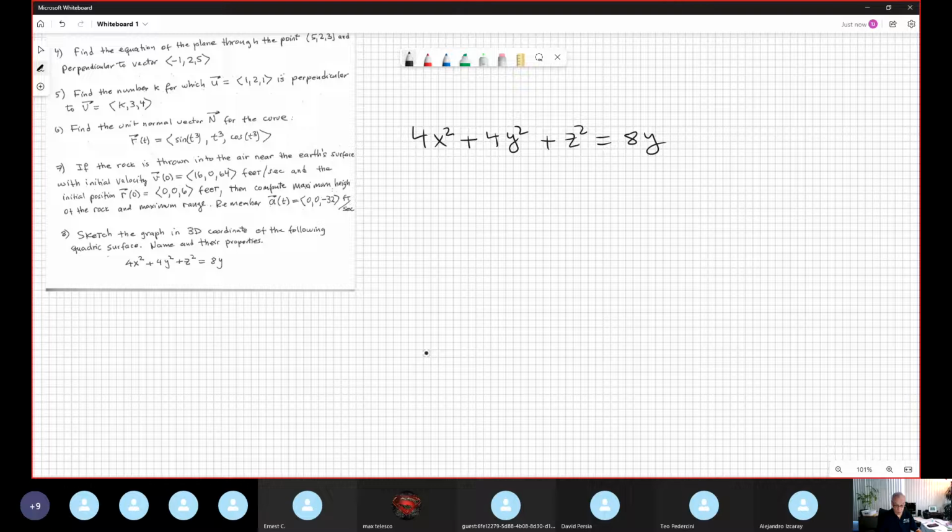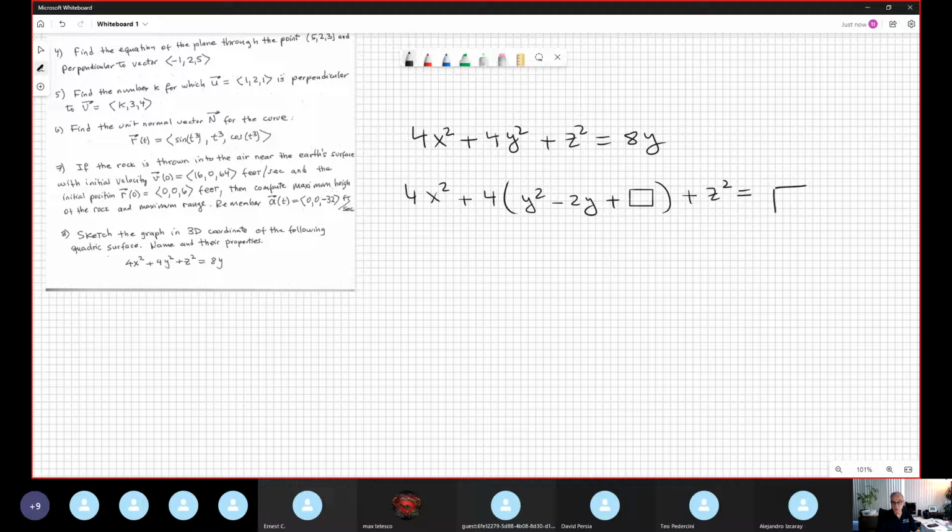Well, while you are thinking about this, let me try. You see a square, but you have y. It's not a square. So now I suppose this part represents the y translation. So 4x squared plus 4 factorization, y squared minus 2y plus box, so the complete square, plus z squared equals 0.